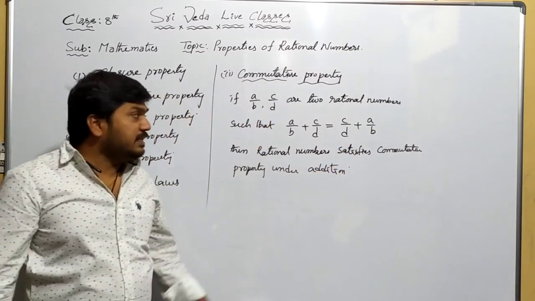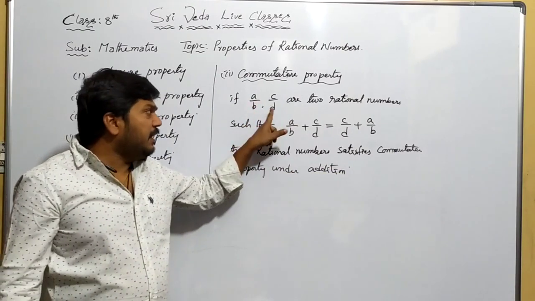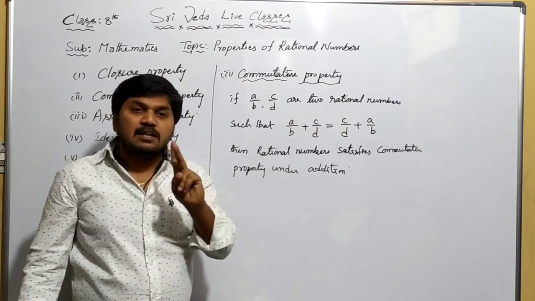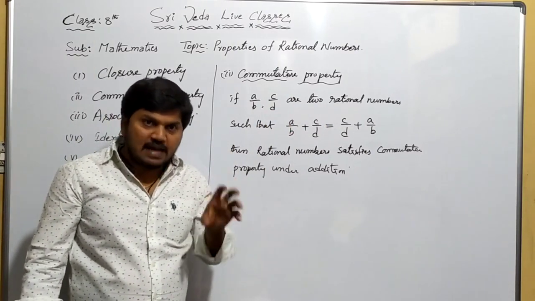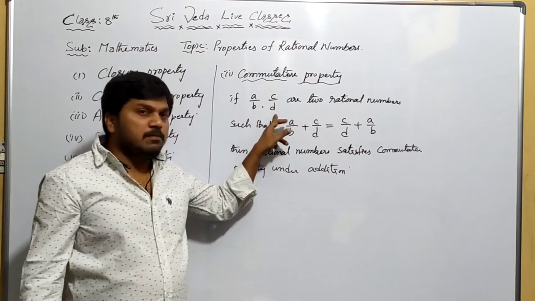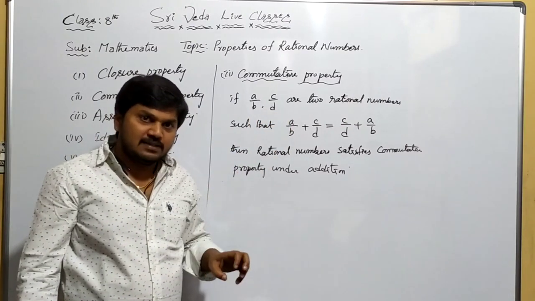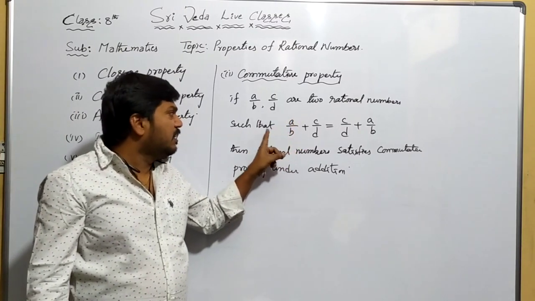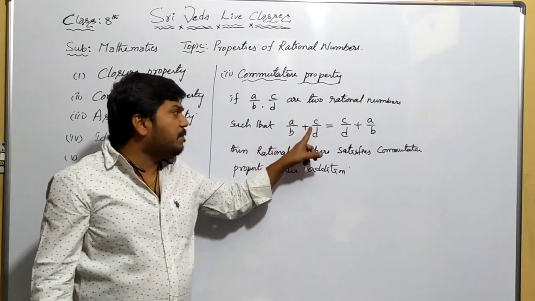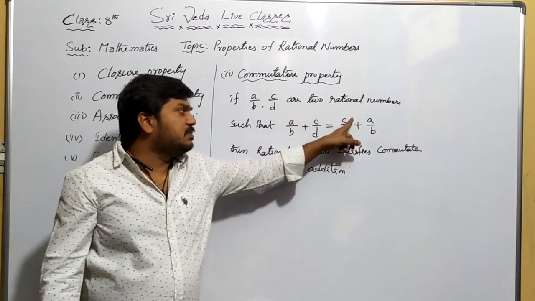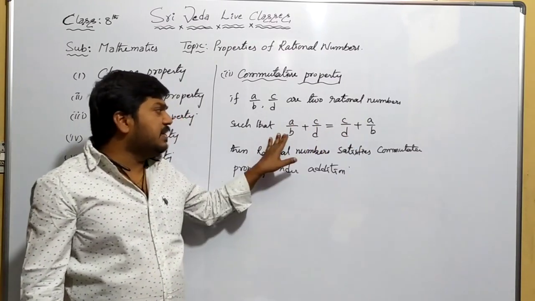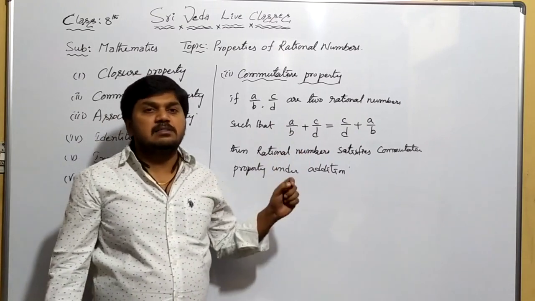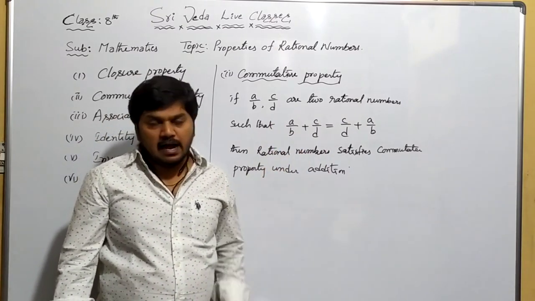Just observe this. A by B and C by D are two rational numbers. We are taking two numbers from a set of rational numbers. Such that A by B plus C by D equals C by D plus A by B. If it satisfies this condition, then we can say that it satisfies commutative property under addition.